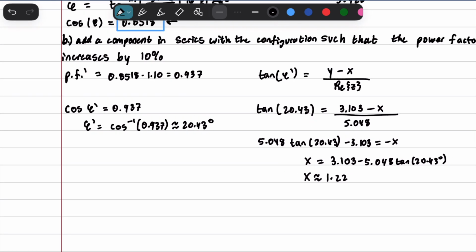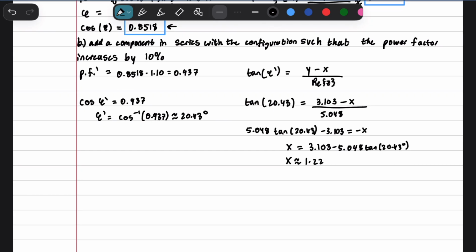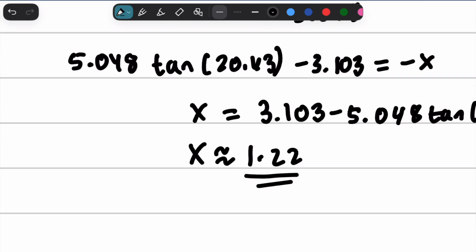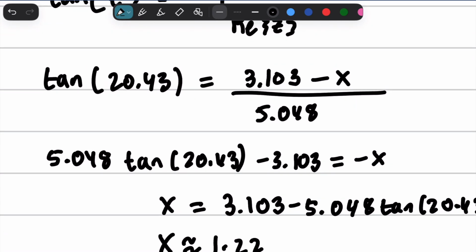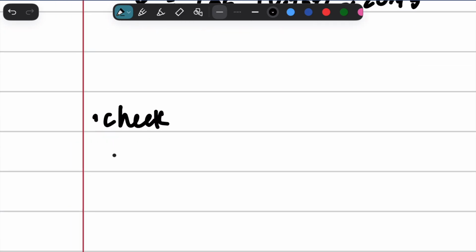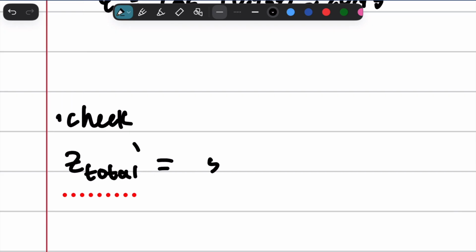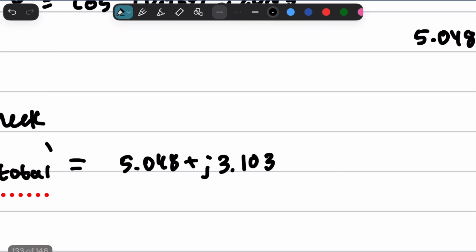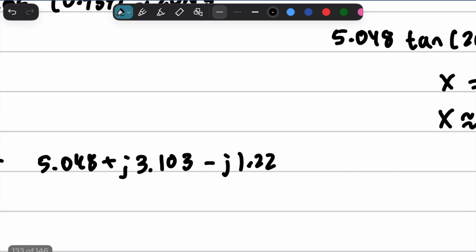Now, once again, this itself is not the answer. First of all, we're going to plug this back into our equation and check it. We're going to check it by plugging it back into our original impedance, because we want to get the new impedance. So our original impedance was 5.048 plus j3.103. And this time we're subtracting that 1.22 component so that we can get the Z total prime.